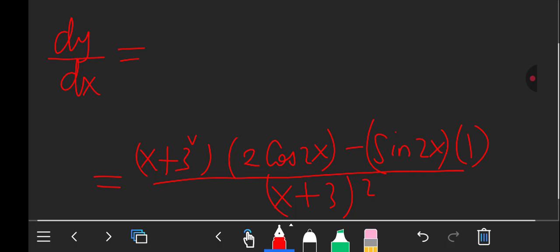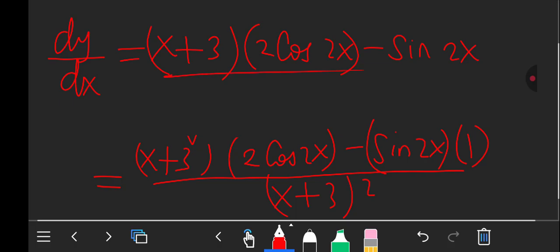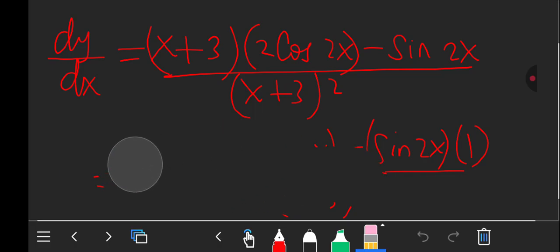x plus 3 multiplied by 2 cos 2x minus sine 2x multiplied by 1, which is just sine 2x, over x plus 3 then square.